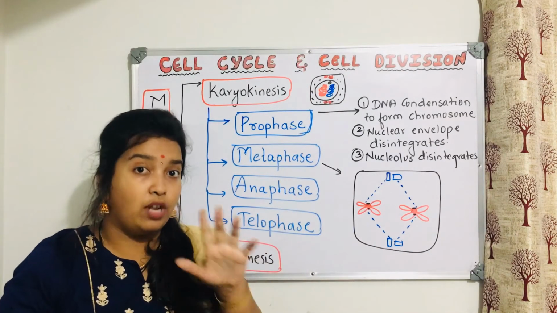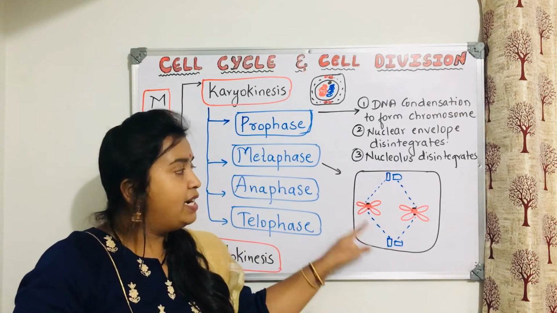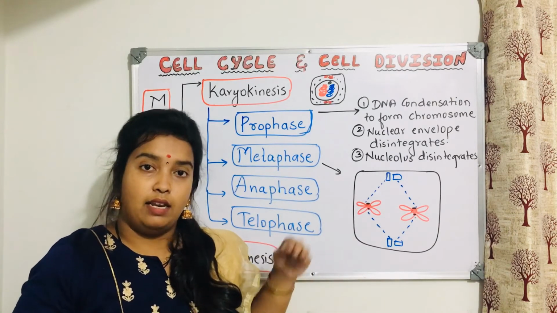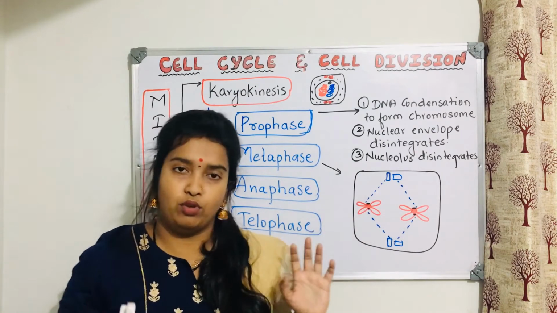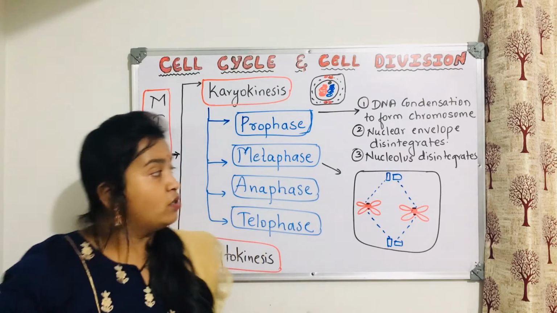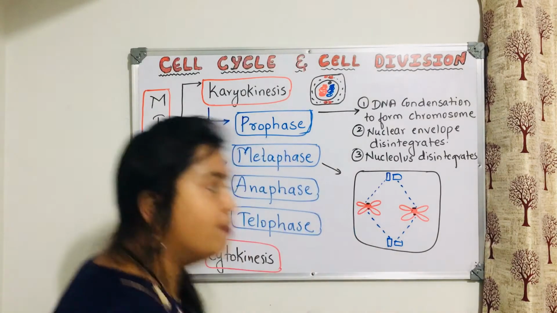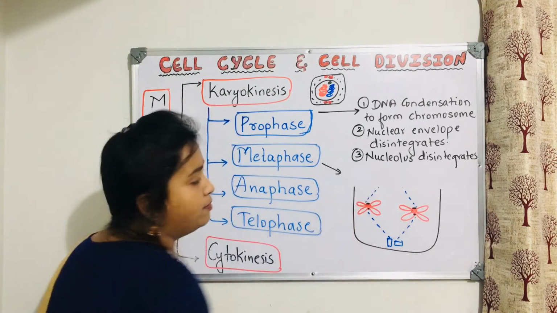The main difference you are able to see is the support, that is, the spindle fibers are formed. You can see here in the metaphase that they have already formed and are ready. They are already connected to chromosomes in metaphase. Then where did they start to form? So spindle fibers started during the prophase. I'll be just making it small.